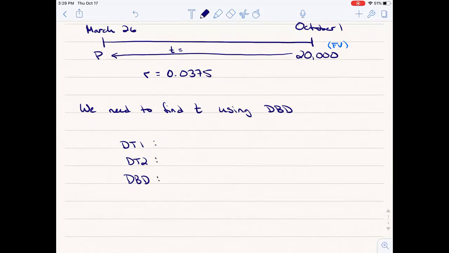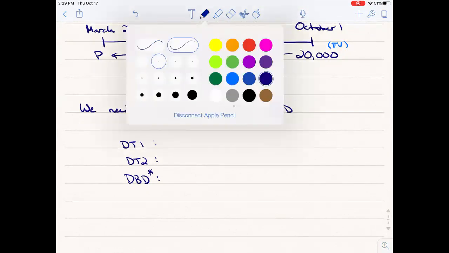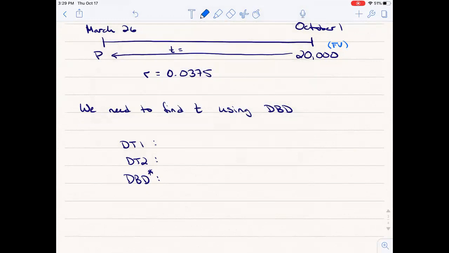To indicate that we're solving for the days between dates, we're going to put a star here, just so I know that's the one you solved for, and the other ones you punched in. As a little reminder, it needs the format month, month, dot, day, day, year, year.